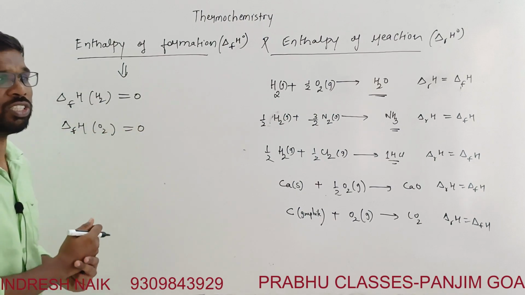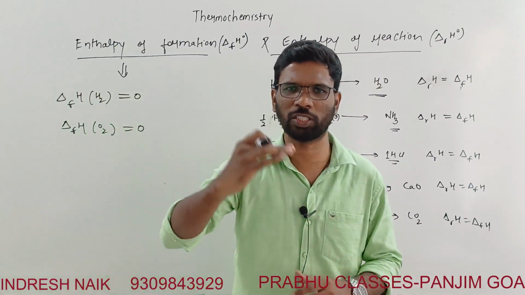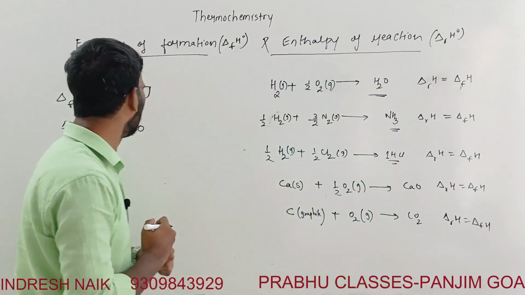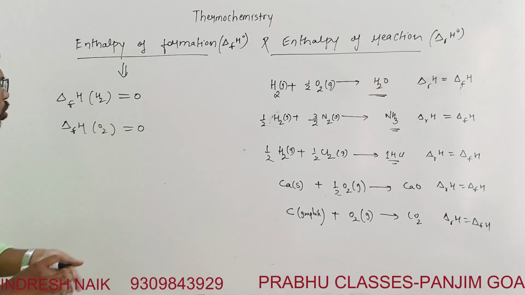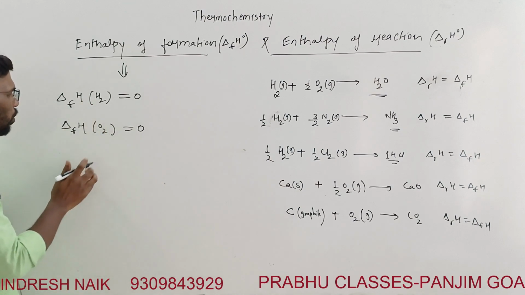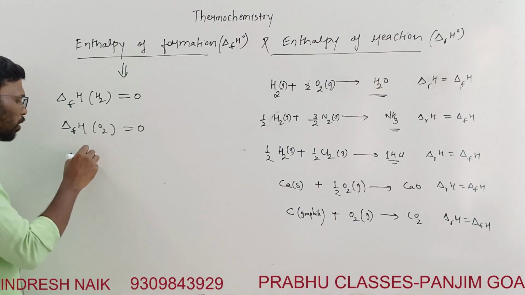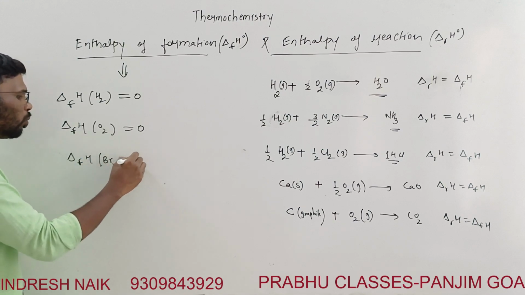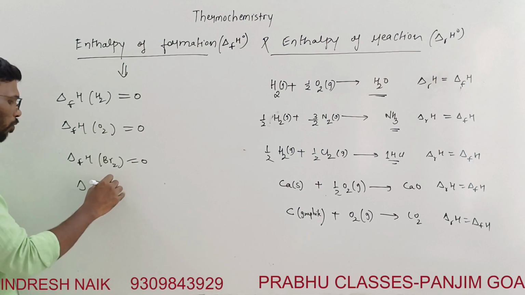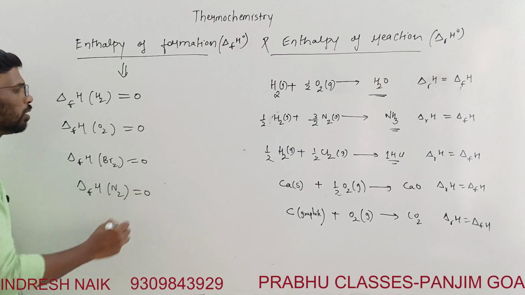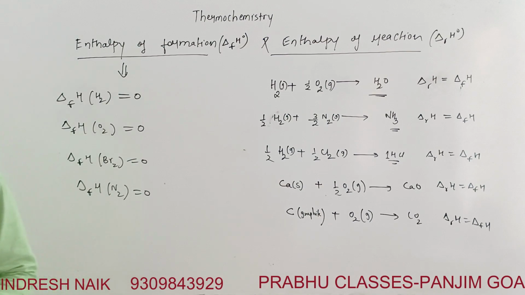It is considered 0. It is not actually 0, just to be a reference, it is considered 0. Obviously, to form oxygen from the oxygen atom, some energy will be released or absorbed, right? But it is considered to be 0. Enthalpy of formation of Br2 is equal to 0. Enthalpy of formation of N2 is equal to 0, right?